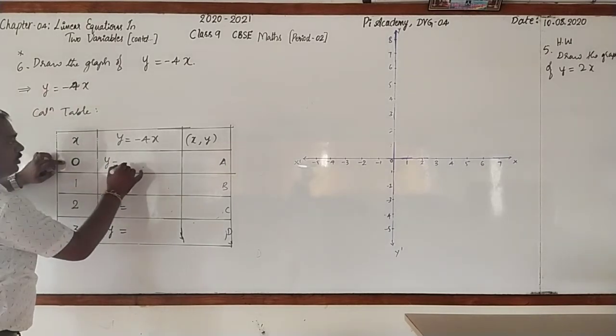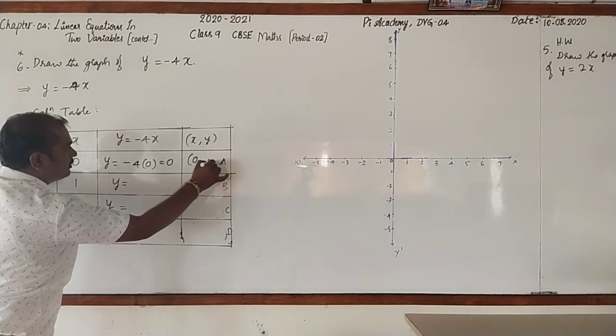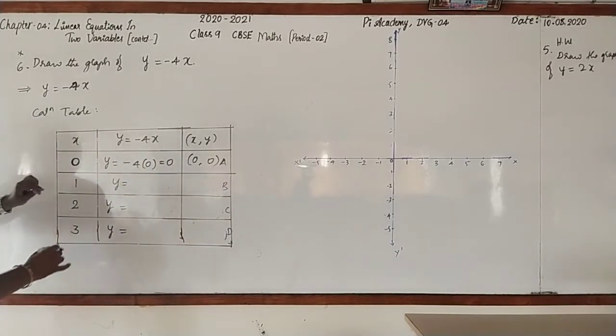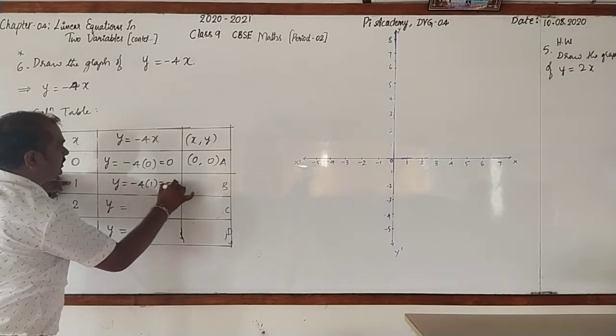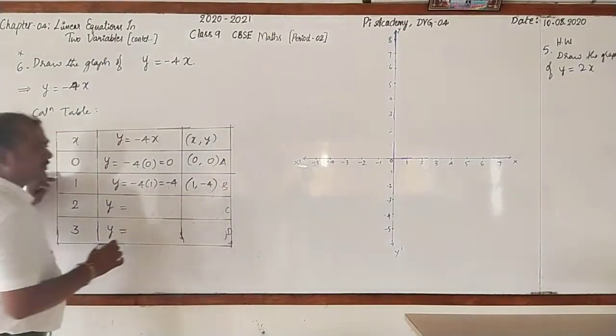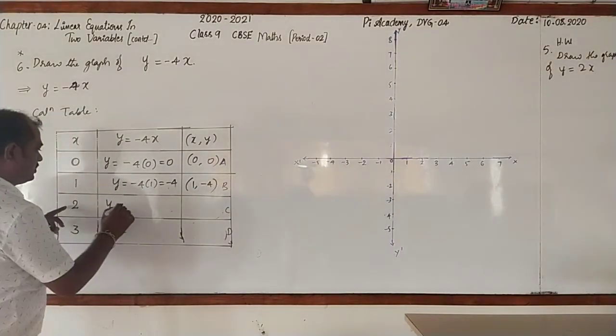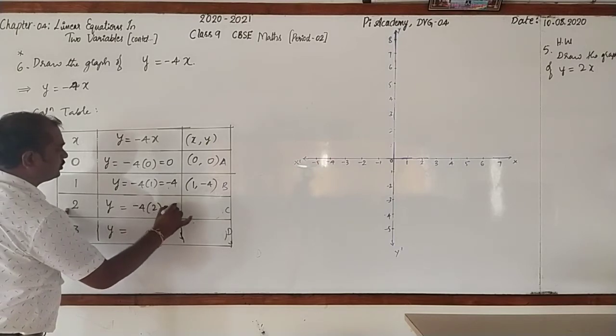When x is 0, y equal to minus 4 into 0, it is 0. 0 comma 0. When x is 1, it is minus 4 into 1, this is minus 4. It is 1 comma minus 4. Clear? Next, y equal to minus 4 into 2, it is equal to minus 8.